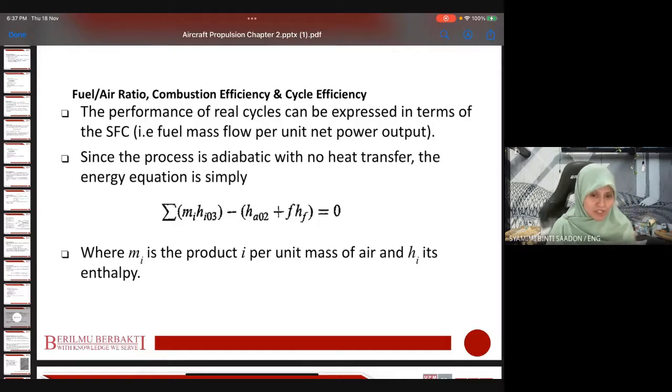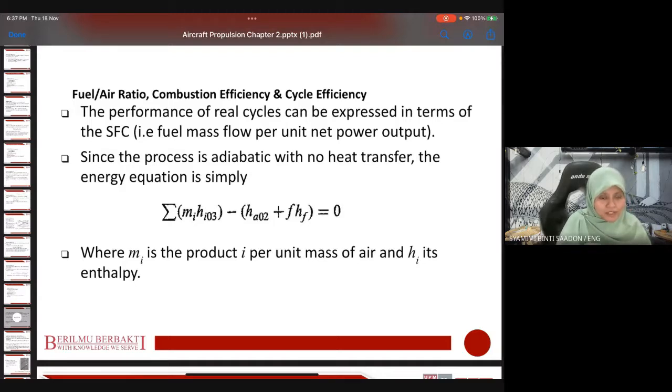It comes from the conservation of energy, meaning the energy at the inlet and outlet of the combustion chamber from 2 to 3, the locations 2 to 3 from just now. Since there is no heat transfer, there is no Q, no heat transfer value, so we only have the enthalpy. Here m_i is the product i per unit mass of air, and h_i is the enthalpy.